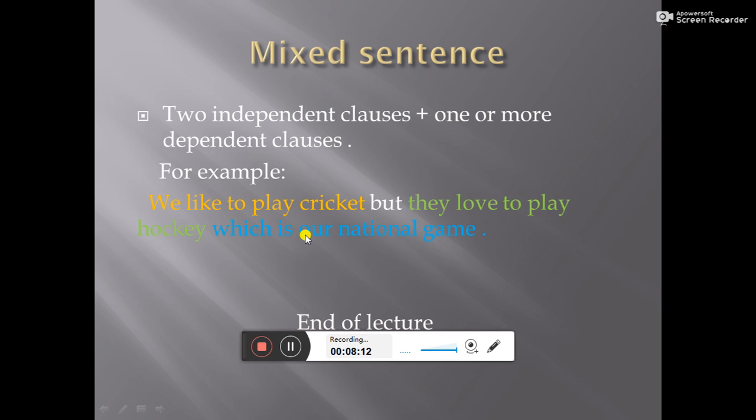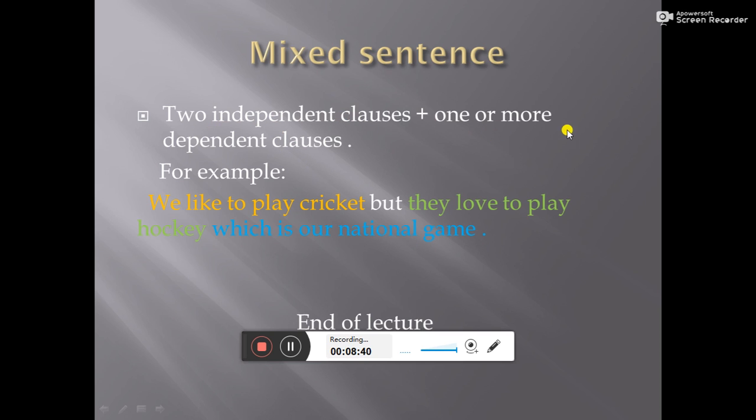Yes, this dependent clause can also be increased in number depending upon the requirement of the idea to be expressed. If you want to say which is our national game, that is played and seen very interestingly all over the world, if you want to add further ideas, you can do so, but you cannot exceed this limit of two independent clauses.